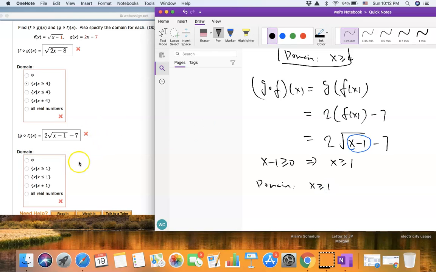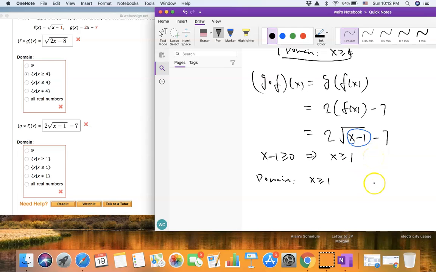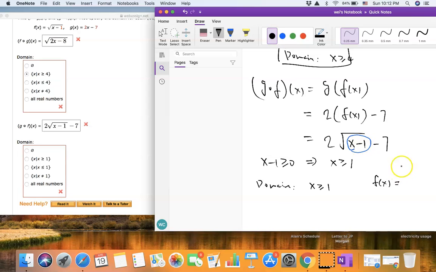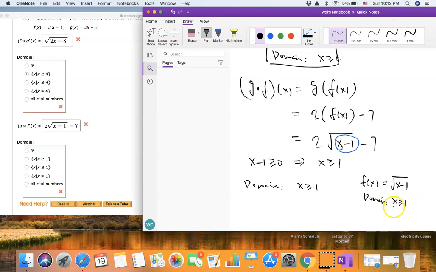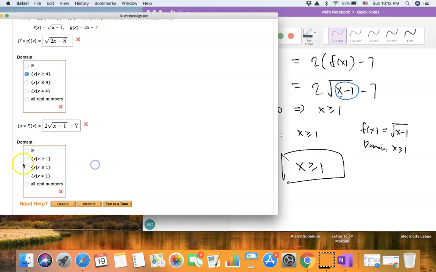And let's consider the domain of the inner function, which is f(x). The domain of this inner function is also x greater than or equal to 1. Therefore, the domain will be this. Okay.